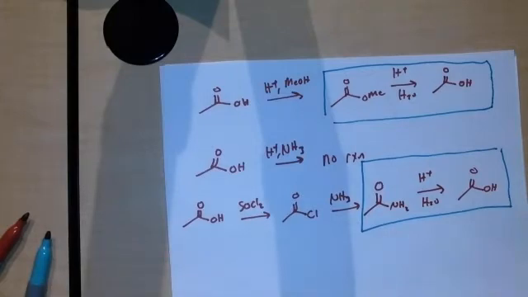Okay, I'm going to talk about nitriles for a little bit, and then that will be the end of the chapter. So let's get started with nitriles. There are two main ways to make them.